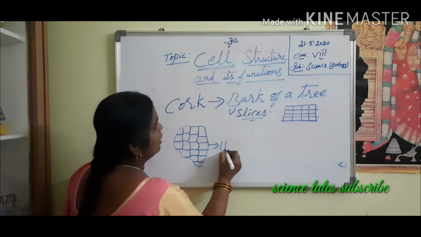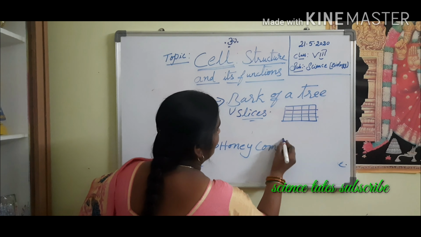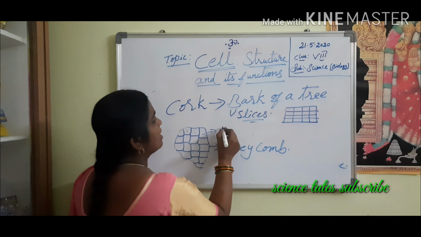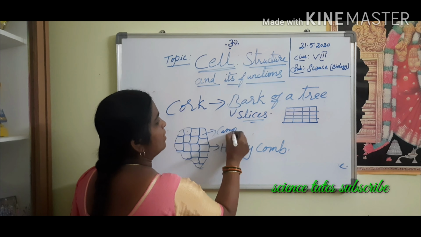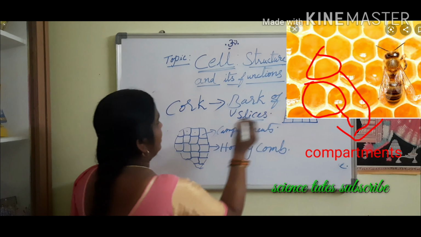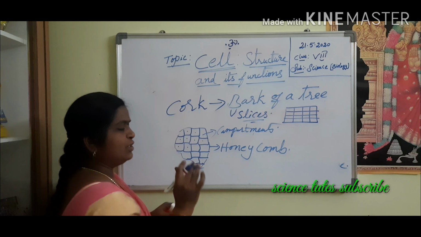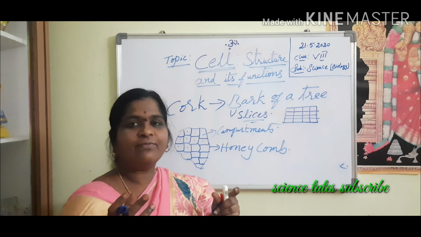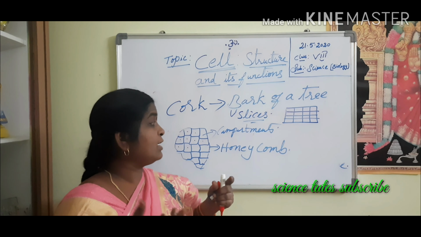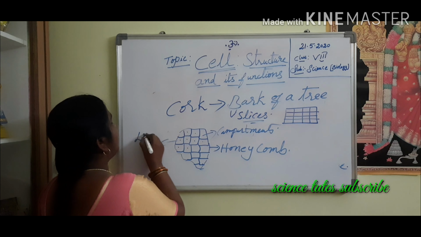This is the honeycomb. What is this one, tell me? Honeycomb. So what are these, tell me? Compartments. Each structure looks like a room-like structure. In the Latin word, they call the cell what, tell me?